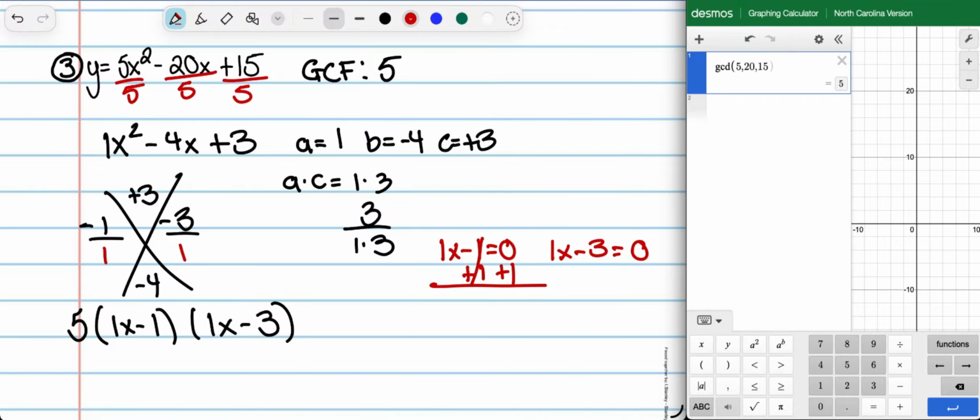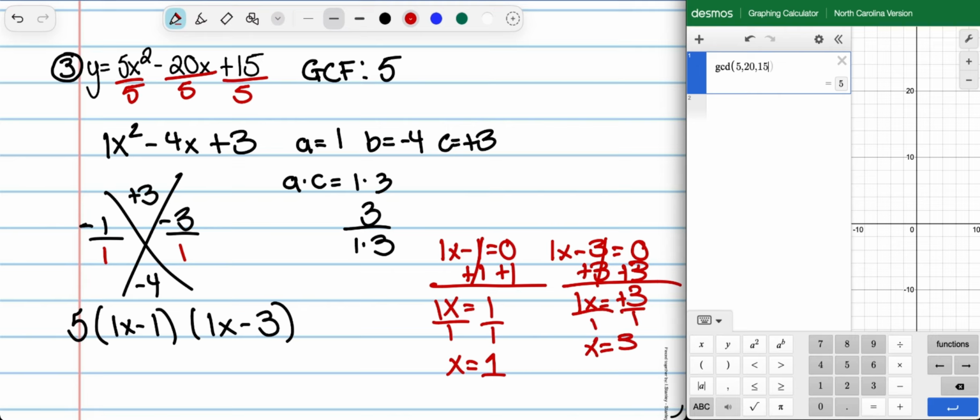The 1's go away, which leaves me with 1x is equal to 1. Divide by 1. So the first one is x is just 1. The other one, I'm going to add 3 on both sides. That's going to give me 1x is equal to +3. Divide by 1. x is just 3.